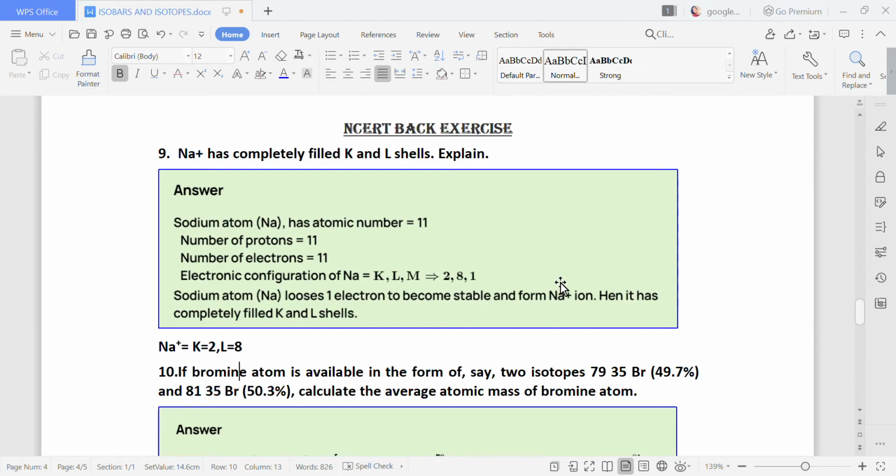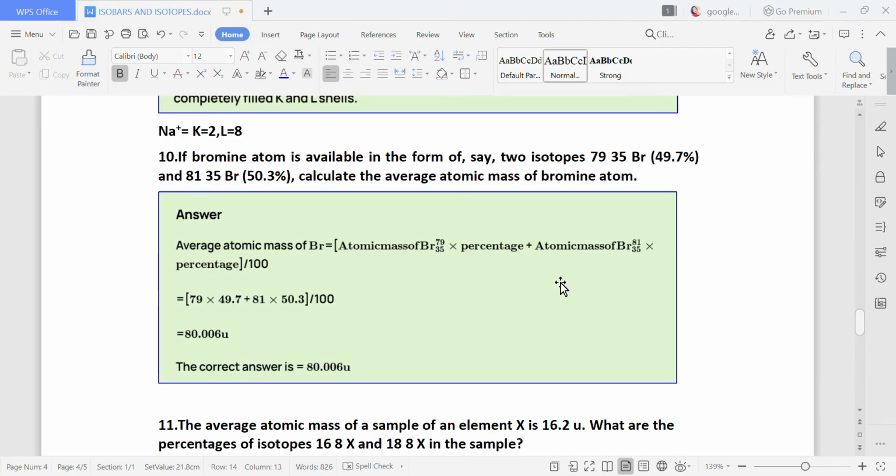Next question in your NCERT back exercises, question number 10. The question says, if the bromine atom is available in the form of two isotopes. These are the isotopes, children. The first one has 79 as the mass number and 35 as the atomic number.